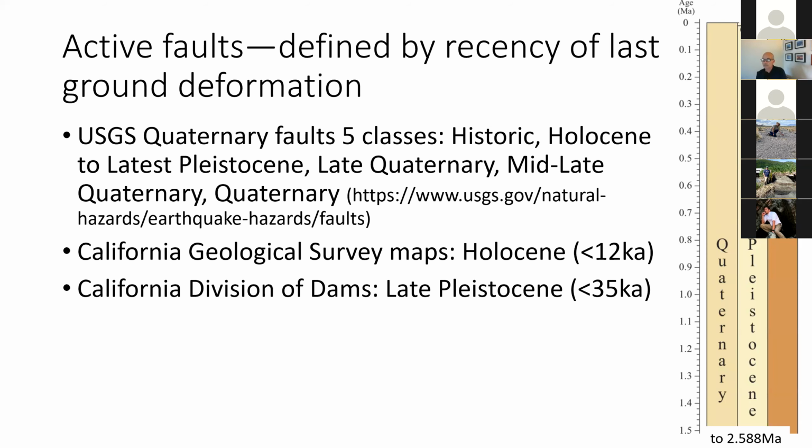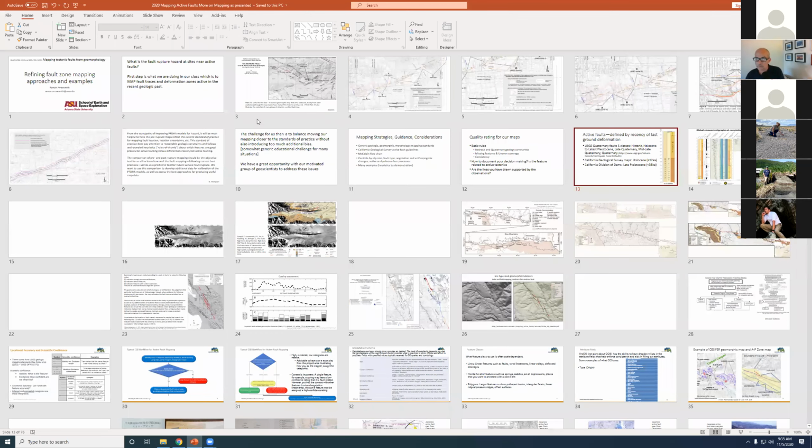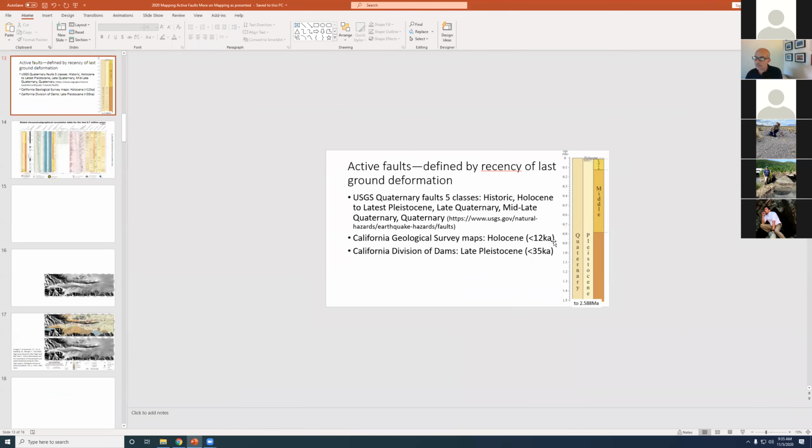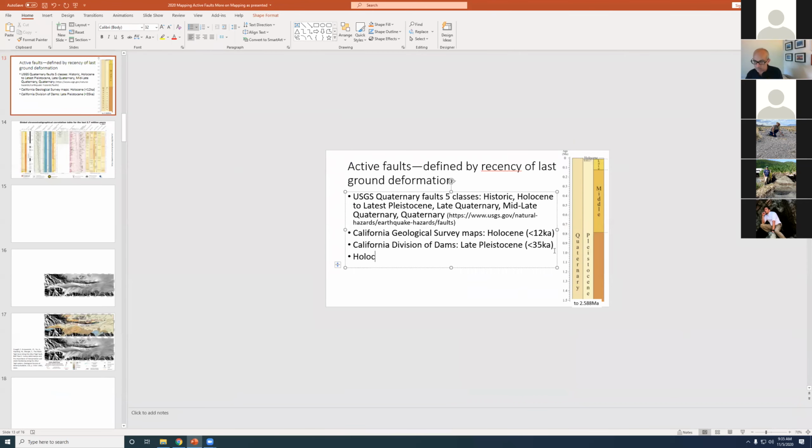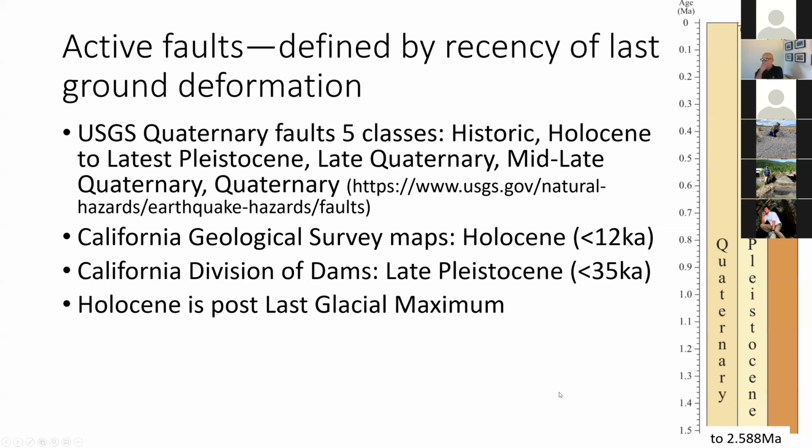Yeah, Ramon, if you can go back 2 slides, just wanted to provide a little bit more perspective. And Tim, totally correct me if I'm wrong, but Holocene is often selected as active because it's post-glacial. So during the last glacial period, you're really changing the landscape. You can have wetter climate, and it's really eroding and modifying fault scarps. So the idea is, if you can see the imprint of faulting on a Holocene landscape, on a post-glacial landscape, it must be a pretty active fault.